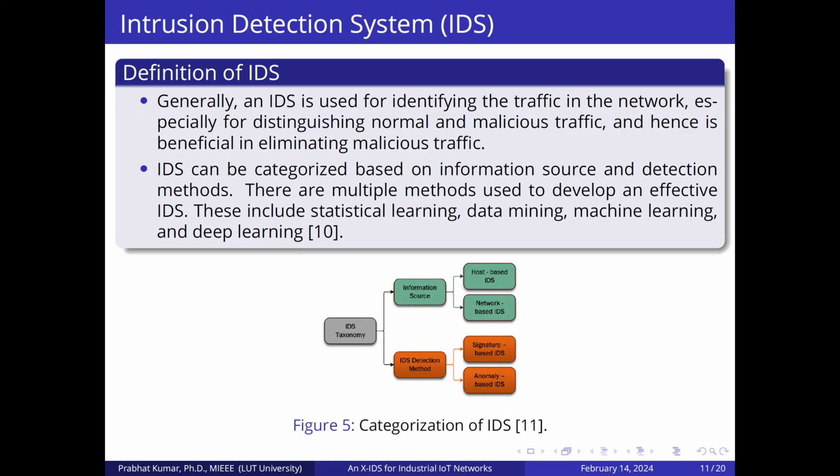So this is what an intrusion detection system is, and we can classify intrusion detection systems based on two things. The first is the information source, meaning where you are putting your intrusion detection system. The other is the detection method, what kind of methods your intrusion detection system uses.